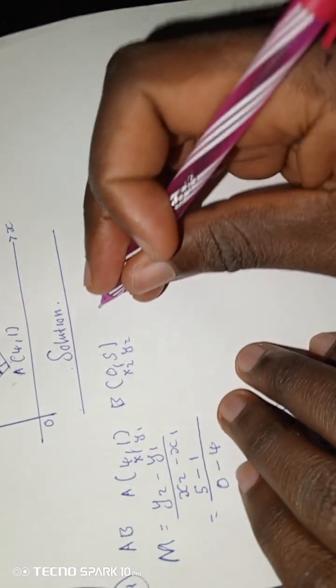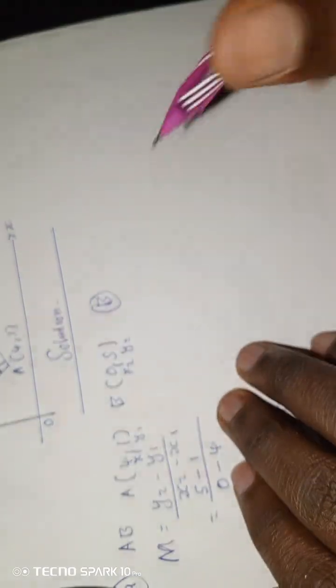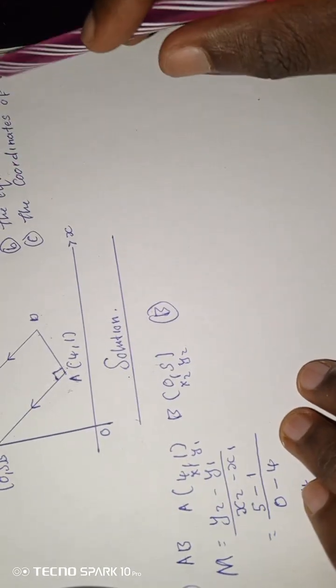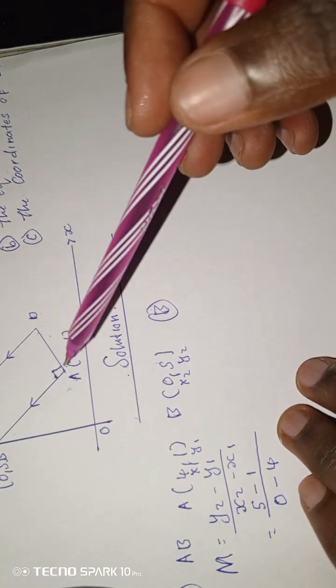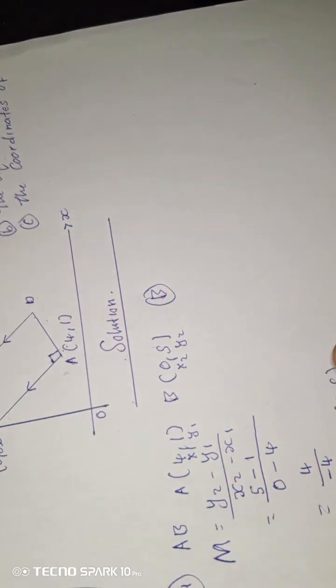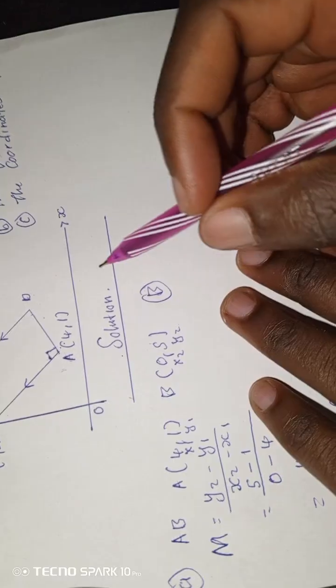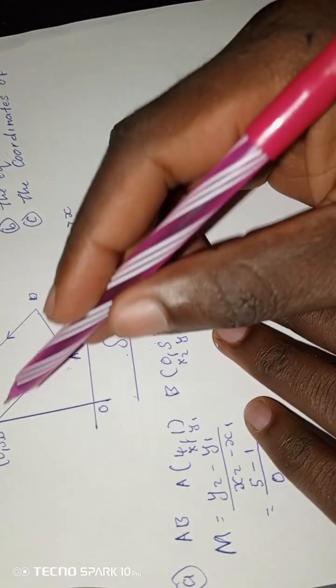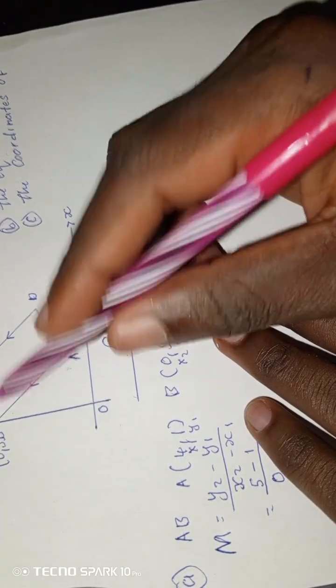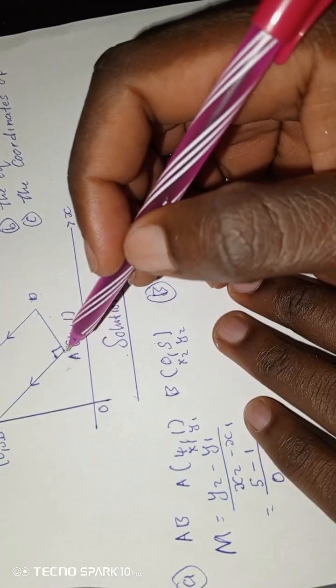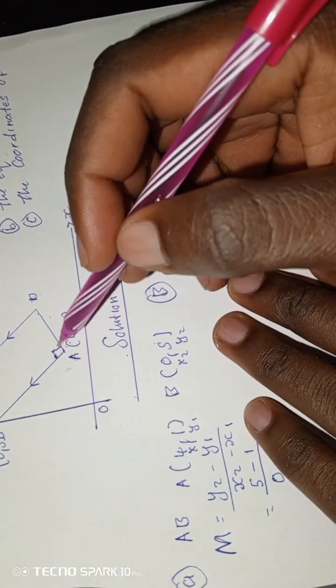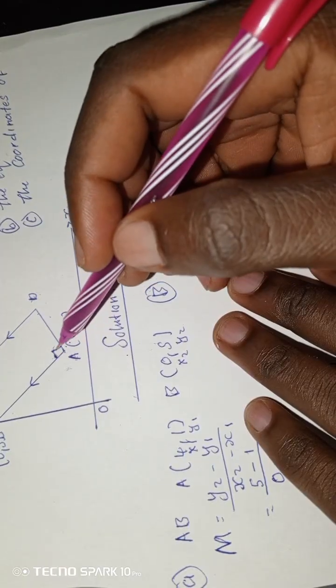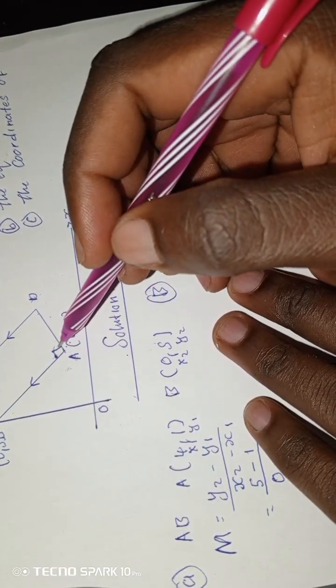Then for B, find the equation of line AD. Line AD. So here we need to understand something. So line AD, there's this angle that is formed here, which is 90 degrees.